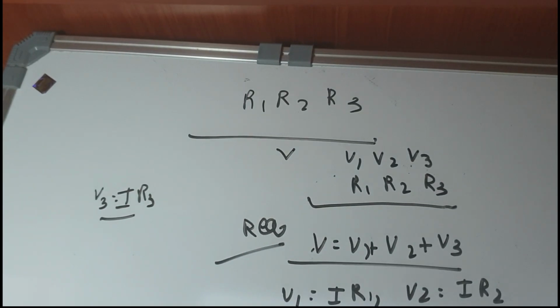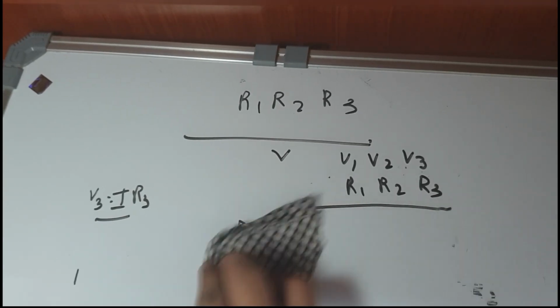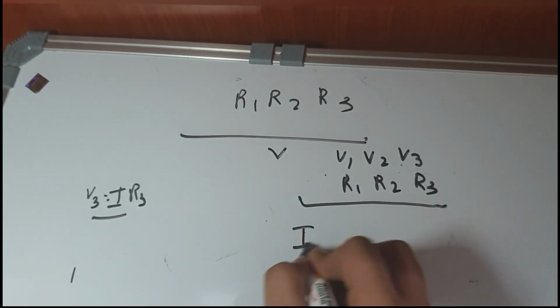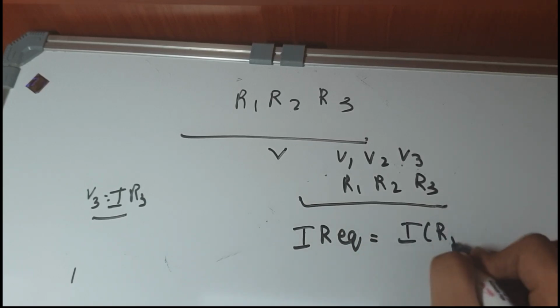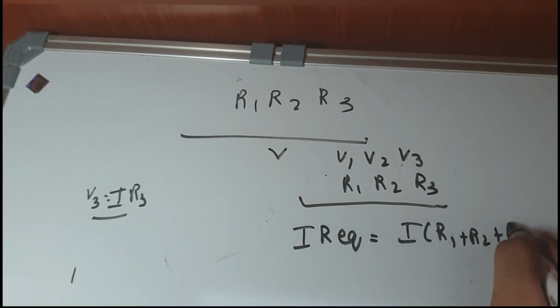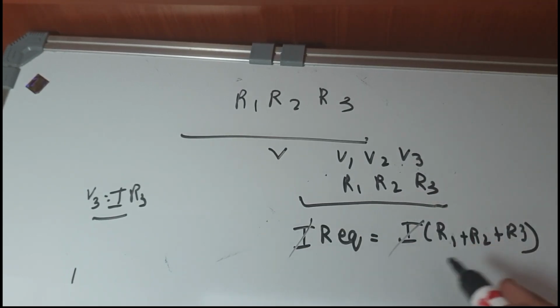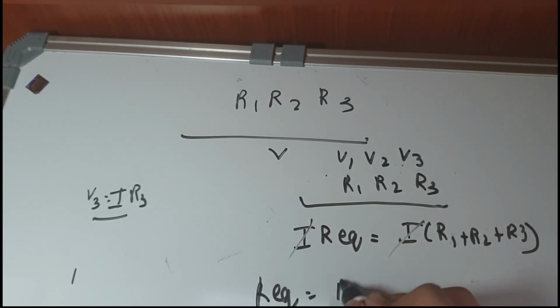So I R equivalent is equal to I times R1 plus R2 plus R3. We can cancel I on both sides. So the final formula is just adding the resistances of these three: R equivalent is equal to R1 plus R2 plus R3. I hope you understand this concept.